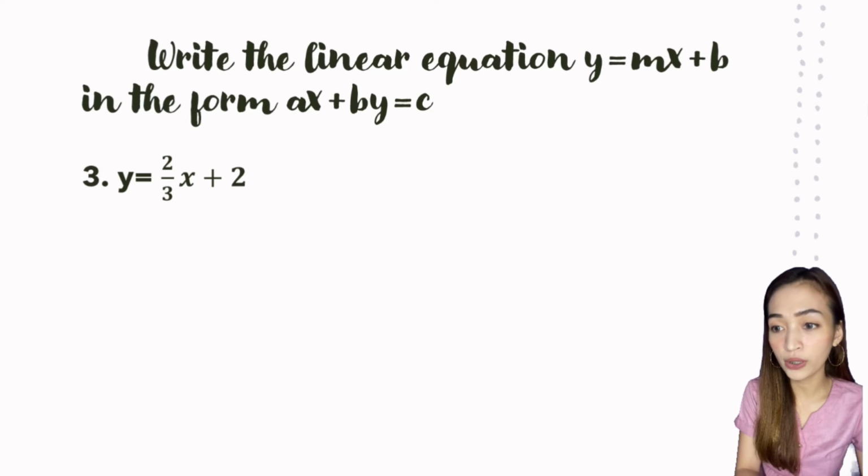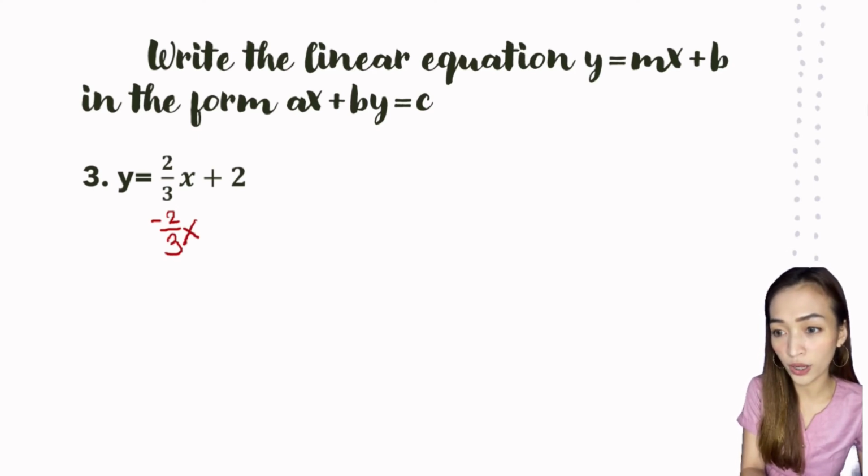So, okay, for number 3, we have y equals 2 over 3x plus 2. So, again, we will add the opposite sign of our x. So, it will become negative 2 over 3x. Okay? So, also add this one to our left-hand side, which is negative 2 over 3x.